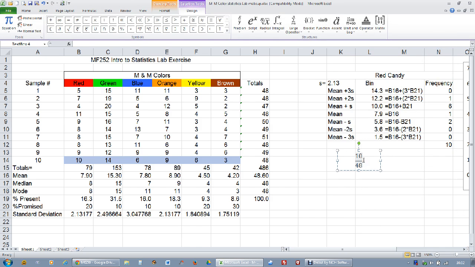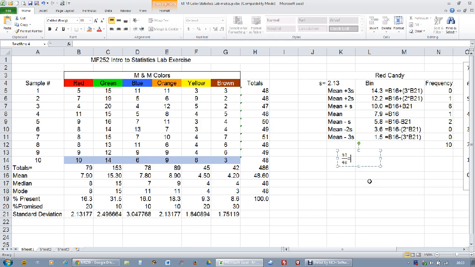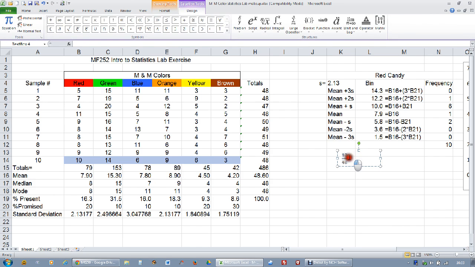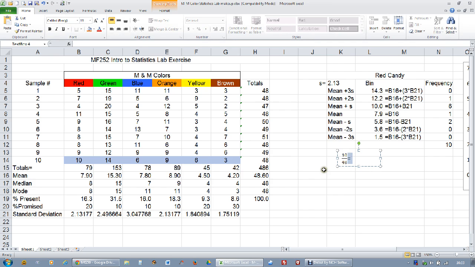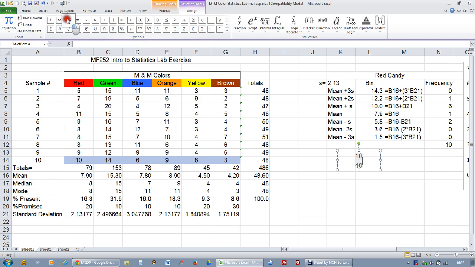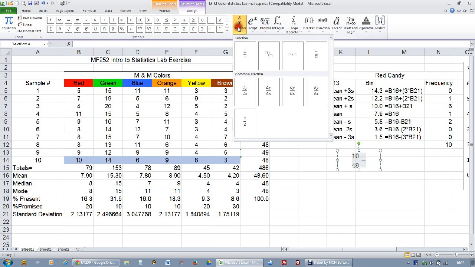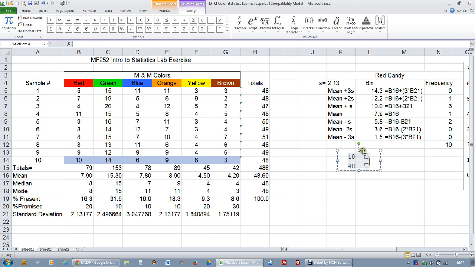Equals X over 1,000. We want to find out of 1,000 M&Ms, how many would be red.